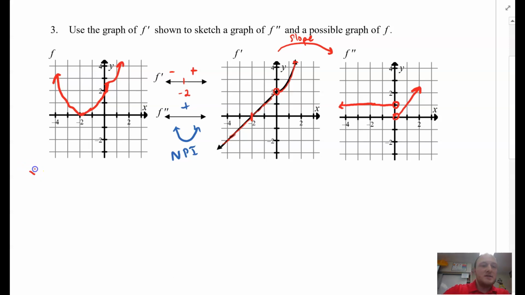Note this is, right, they didn't give us a starting point, so this graph could be vertically shifted anywhere. So it could be like here.